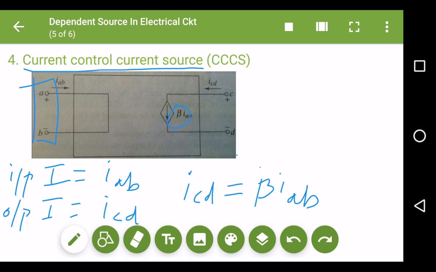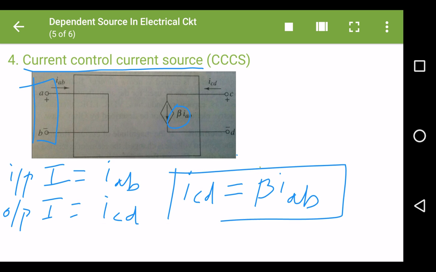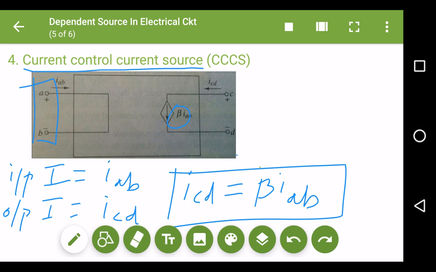So this is the relation in the current controlled current source, and beta is called the current gain. In the voltage controlled voltage source, we have seen that it is mu, and mu is called a voltage gain. Here it is a current gain, and beta is another unitless quantity.